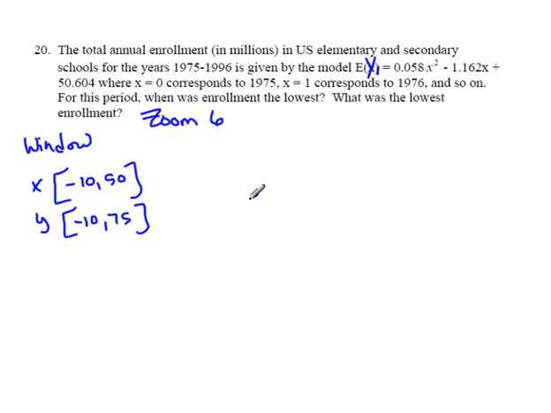If you did that, you should be able to see a pretty good window, and it asked us to find the lowest enrollment, so the lowest means minimum. So second trace, minimum, and then find the min. Okay, so again, pause the video so that you can use your calculator to find the min.